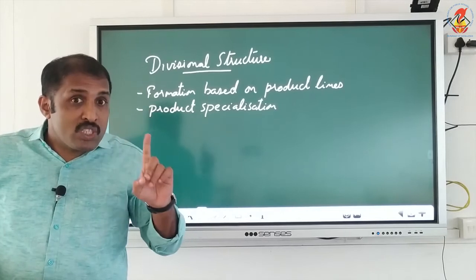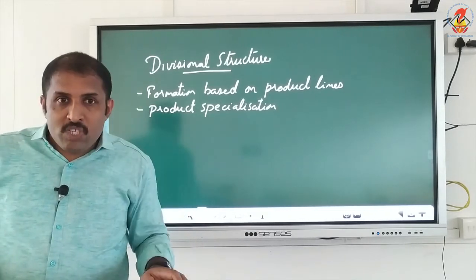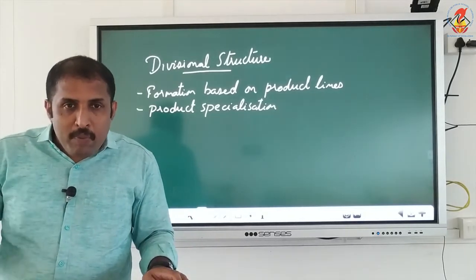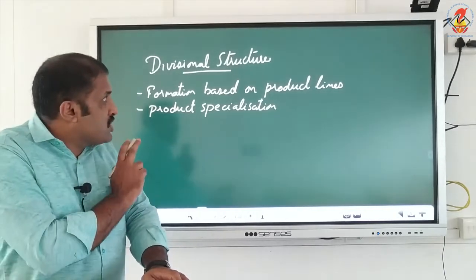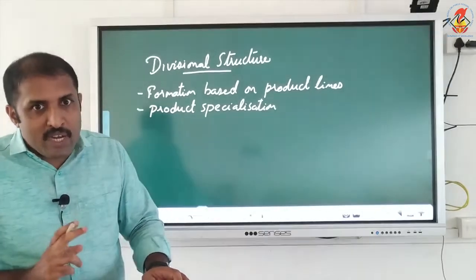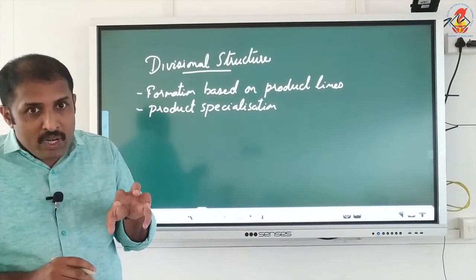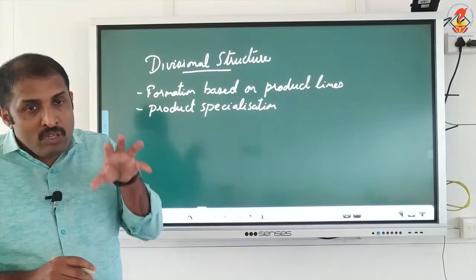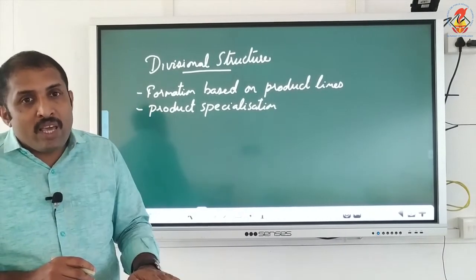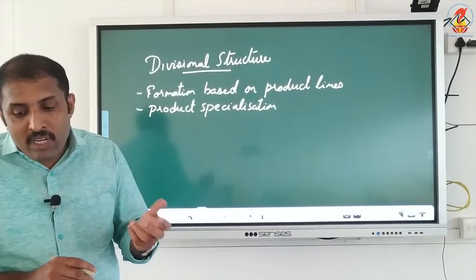Whereas in functional structure, a function was performed only once. Here departments are formed on the basis of product lines, or product specialization is maintained, and each department based on products will be multifunctional.